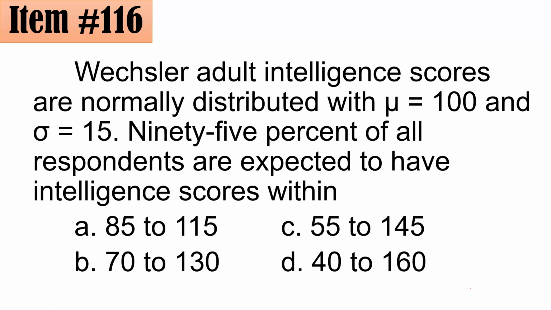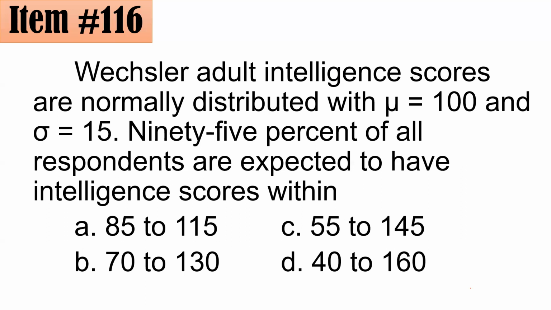What do you think po yung sagot? Letter B daw. May question mark nga lang kay Sir Jason. How about the others po? May question mark din yung kay Sir Chad. May sumagot ng letter C, 55 to 145.